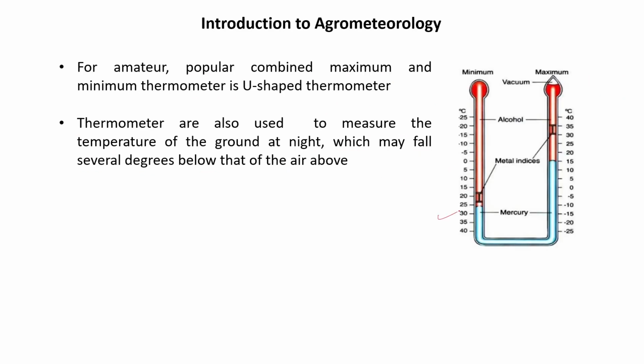A popular combined maximum and minimum thermometer is the U-shaped thermometer. The thermometer is also used to measure the temperature of the ground at night, which may fall several degrees below that of the air above. Here we can get the minimum temperature, and here we can get the maximum temperature of a day, right?